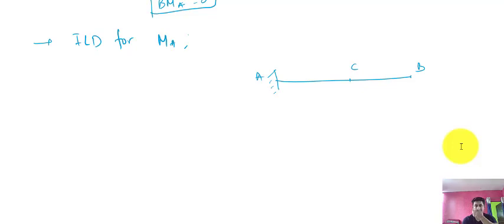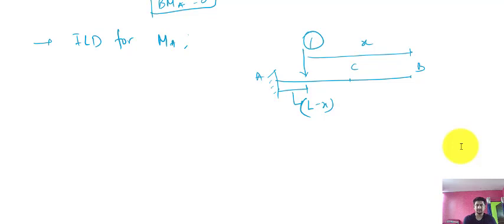Okay, so when the unit load is here, this distance is x and this distance will be L minus x. Now in case of cantilever beam, clockwise moment is taken as negative.